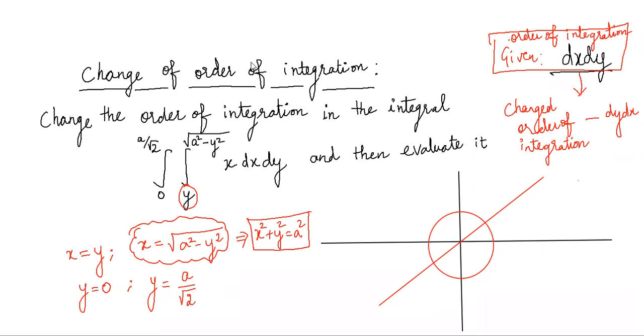It will be parallel to the x-axis. If we draw this line, it will be at a distance of a by root 2. Let us draw this.